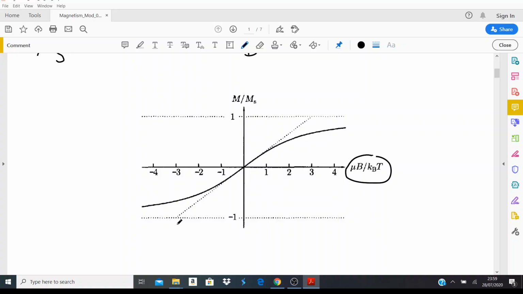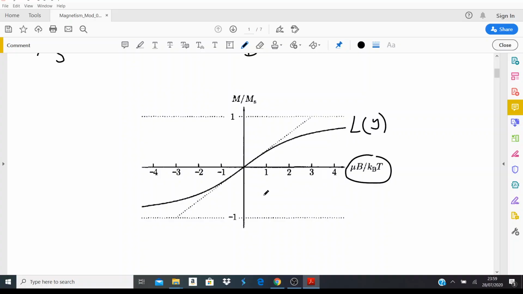Now, if you look at this picture, we are plotting first, let's say, a linear approximation, right? So that's the linear function in this dotted line. And then on top of it, I am plotting the original Langevin function, right? That's our Langevin function.